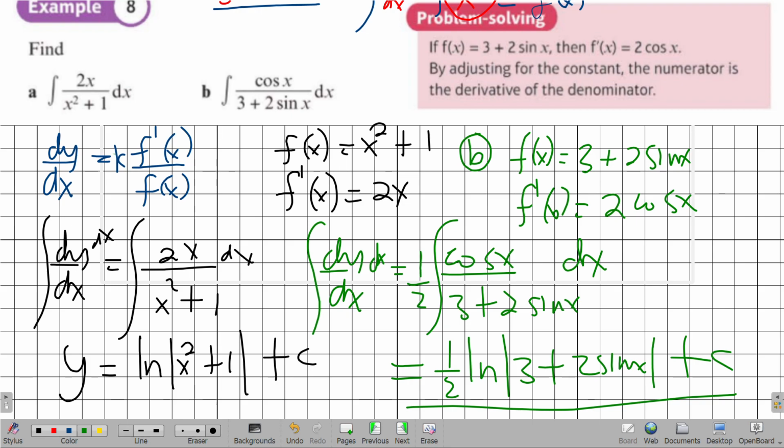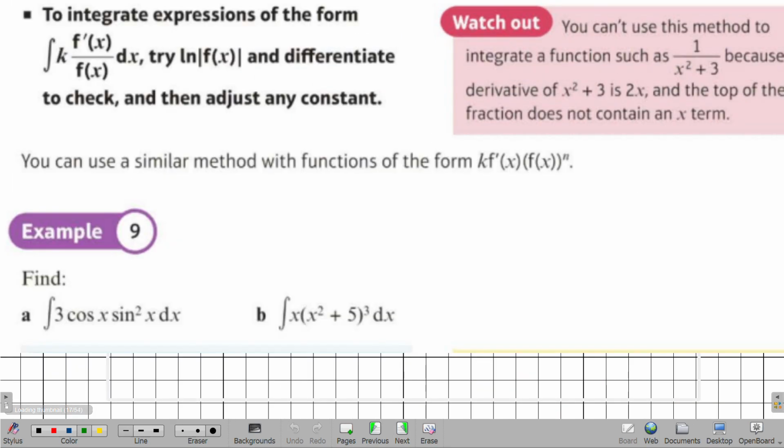All right, so that's how the reverse chain rule works. Let us look at more examples of the reverse chain rule. Another way of seeing the reverse chain rule is to look at products. We've just done quotients. Some of the functions you're integrating are not quotients, but products.